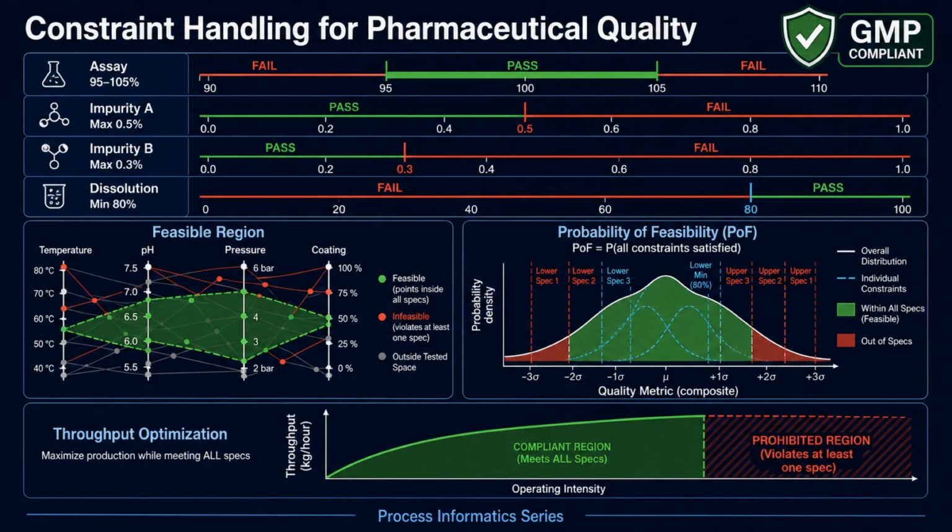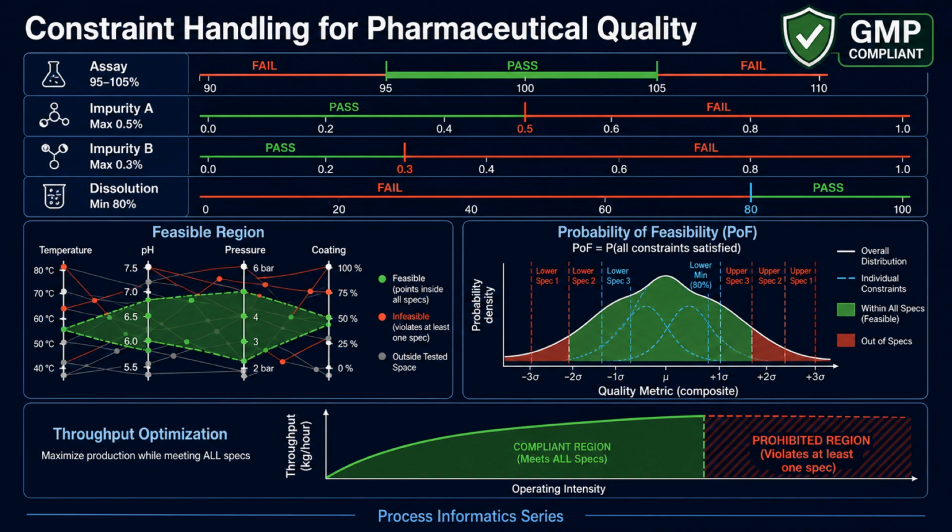Pharmaceutical manufacturing requires strict compliance with good manufacturing practice specifications. In this case, we optimize throughput while satisfying 4 hard constraints: assay between 95% and 105%, impurity A below 0.5%, impurity B below 0.3%, and dissolution above 80%.